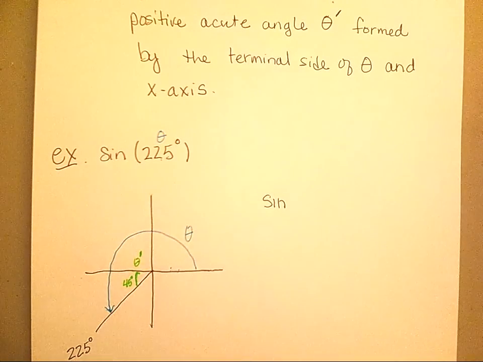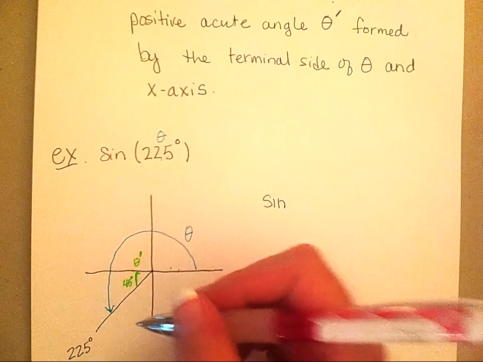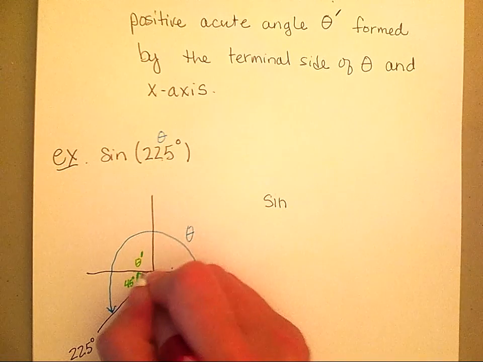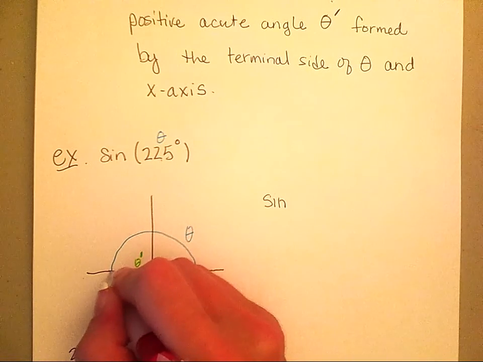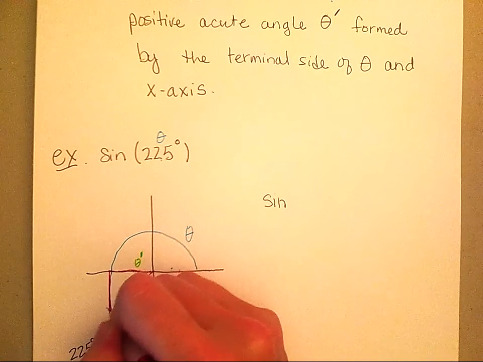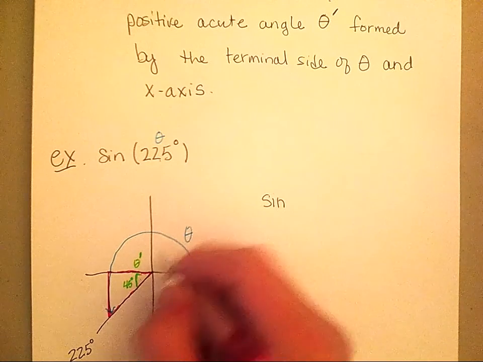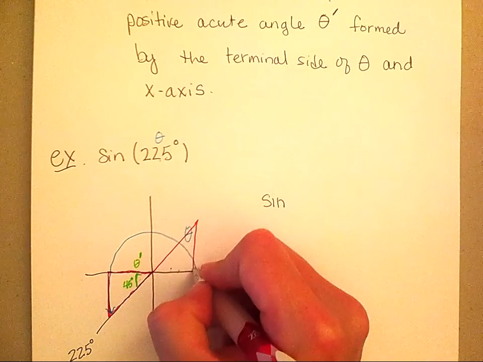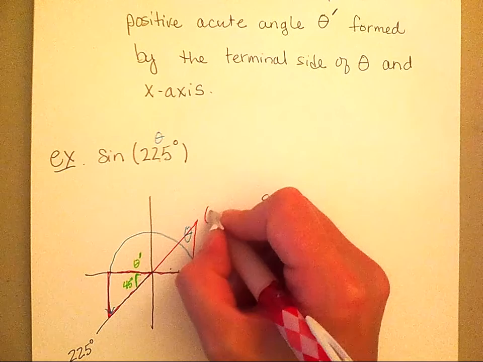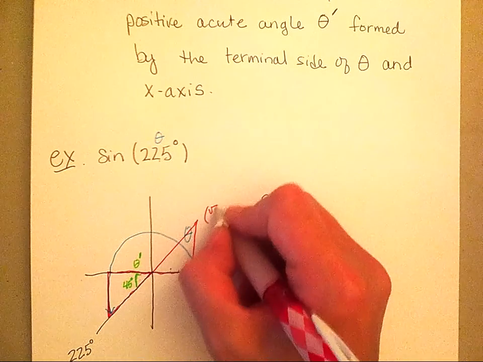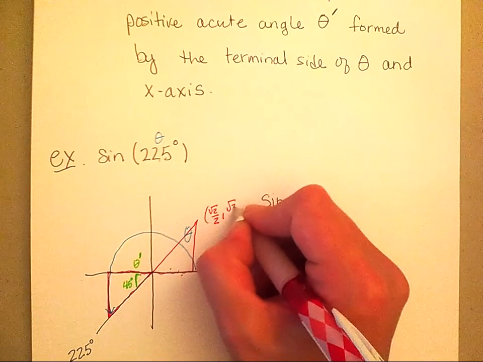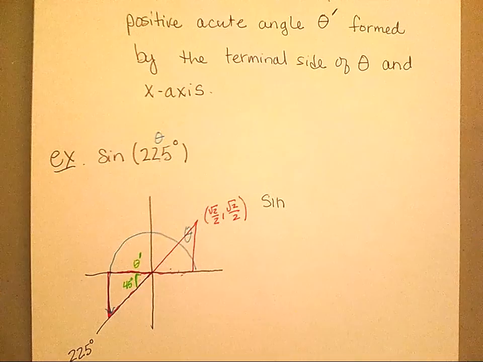So what we're really looking at here is the idea of what I was drawing in the unit circle earlier. If I was looking for 225, I would realize that the triangle lies in here, and I'd be referencing the triangle for 45 degrees up here. Remember I said that since these are equal, this was square root of 2 over 2, square root of 2 over 2.